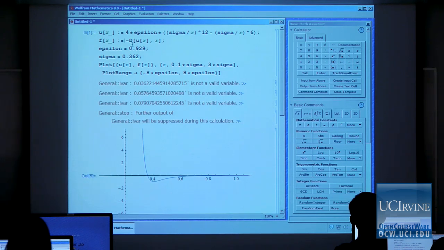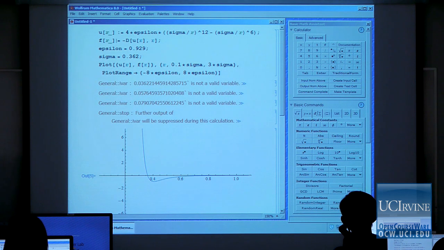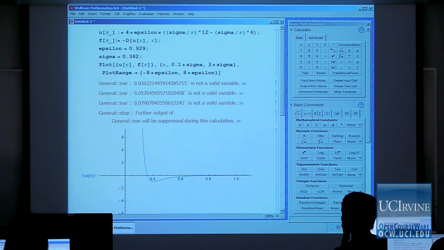Now, in general, we use this colon equals to define functions. And the colon equals is literally interpreted as a delayed assignment, meaning use it when you need it, basically. And if you actually change that colon equals to just an equals, what it will do is it will take the derivative immediately and assign it to f of r.